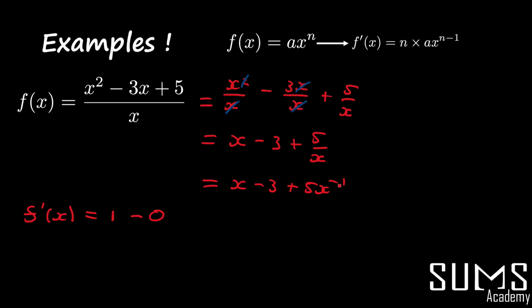Okay, so minus 1 times 5 becomes minus 5x, and this decreases, goes to minus 2. So our final answer is 1 minus 5 over x squared.